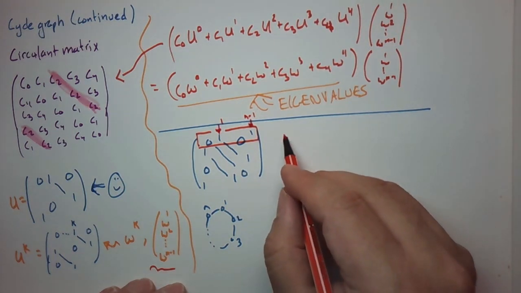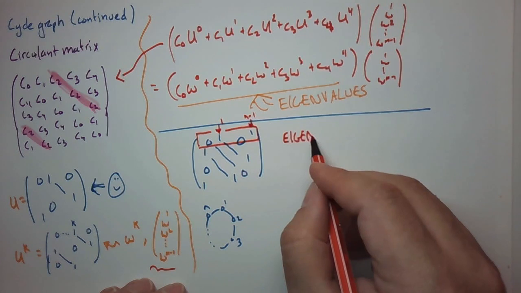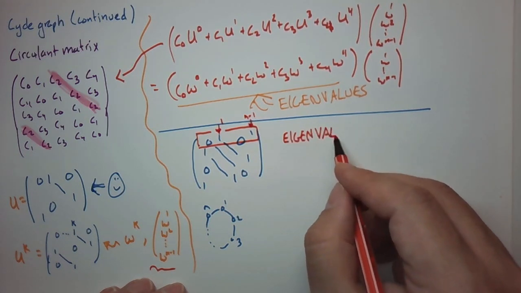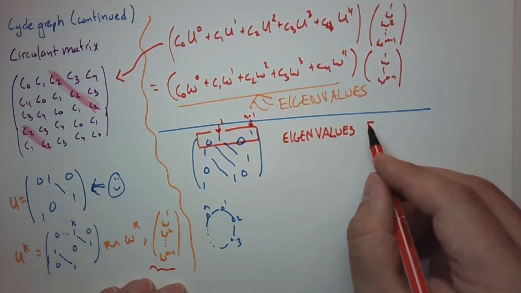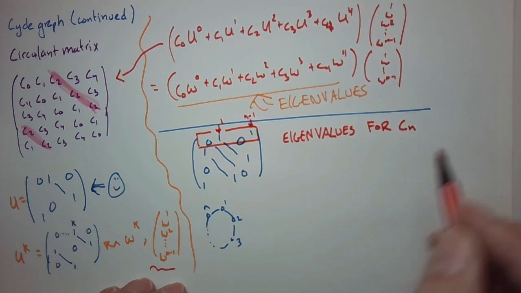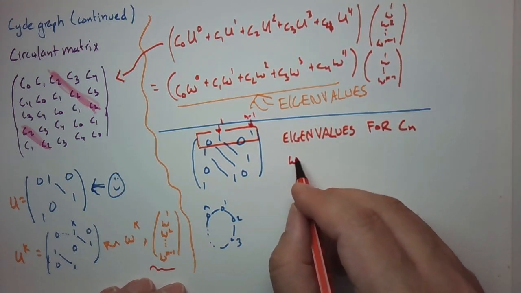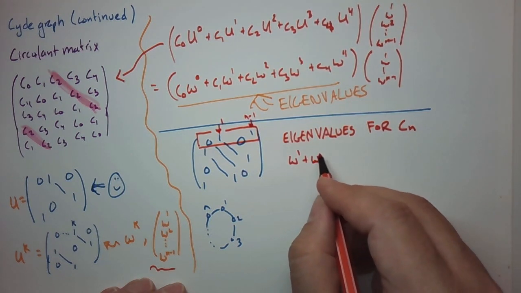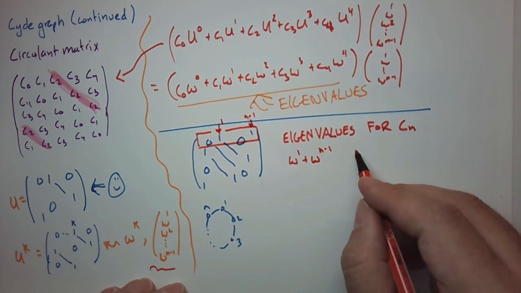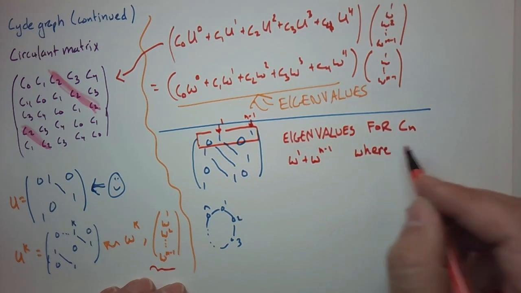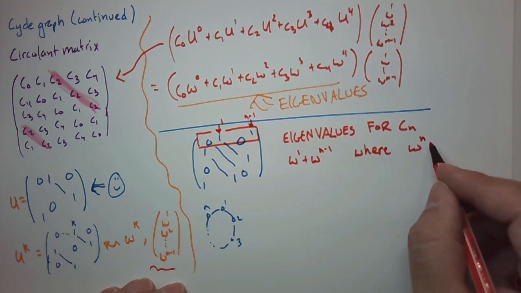So the eigenvalues for the cycle are going to be omega to the 1 plus omega to the n minus 1, where omega to the n is 1.